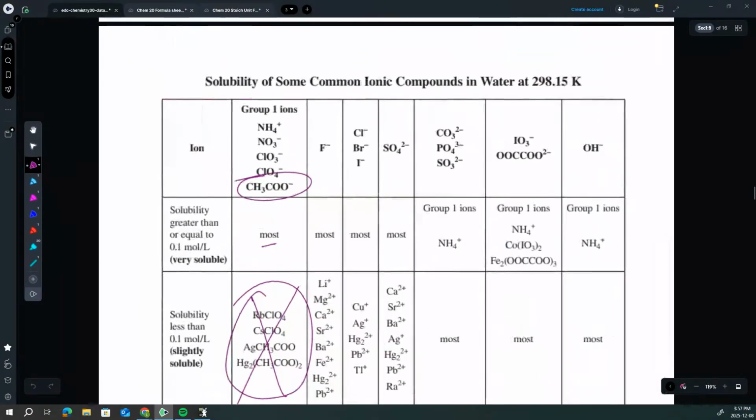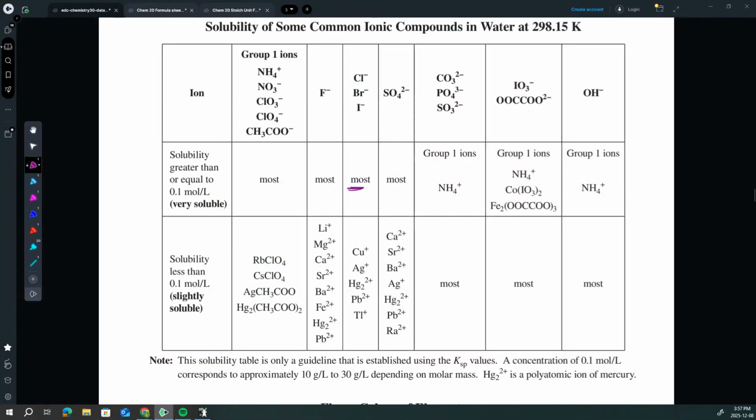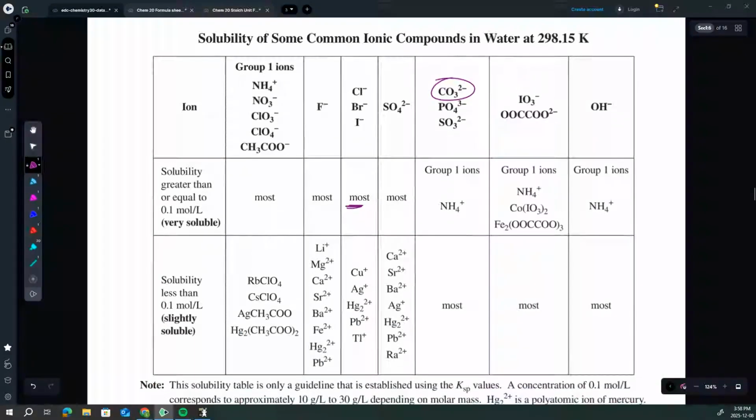Let's see. So chloride ions with most anything is going to be soluble. Sodium is not there in the list of exceptions, therefore it is soluble. Okay. Now with H2CO3, if we're looking up that one, so carbonate, that's right there.